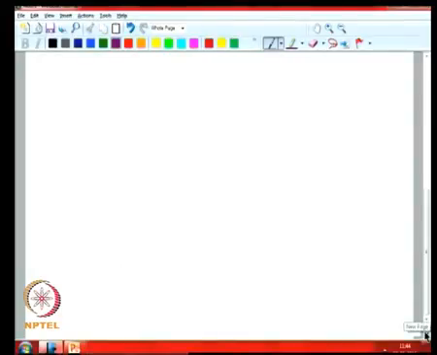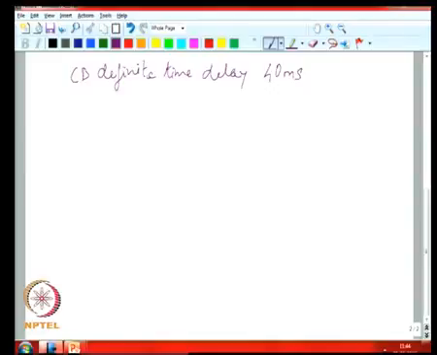If you look at the circuit breakers, we mentioned a definite time delay of 40 milliseconds or 2 cycles. It has an extremely inverse characteristic, and a reset time of 30 seconds.